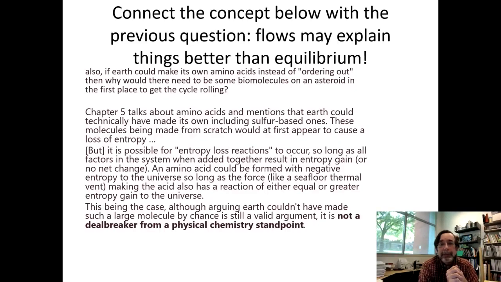And the answer is, if it could to a certain extent, maybe there wouldn't need to be. We don't really know, but maybe there would need to be if the Earth couldn't make particular kinds of amino acids, and instead those amino acids came down, maybe the sulfur-containing ones came down from asteroids, and that helped with the whole system.